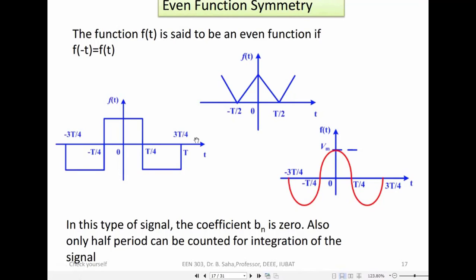So only An and A0 will be calculated. So the solution becomes shorter.